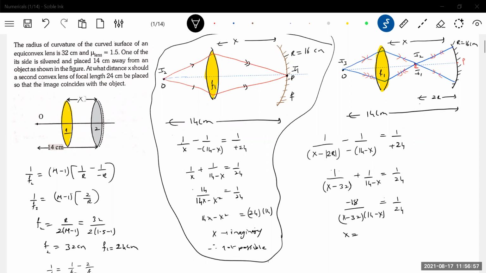What shall I write for x? Yeah, Gayatri, what shall I write? 23 plus or minus 3 root 57, sir. 23 plus or minus 3 root 57. Yes, sir.